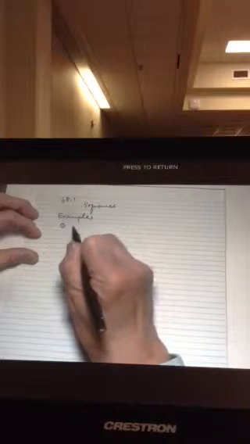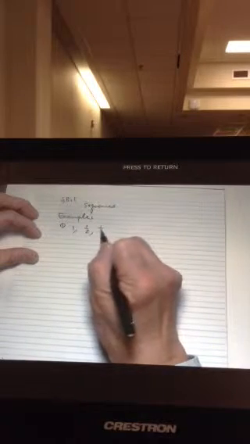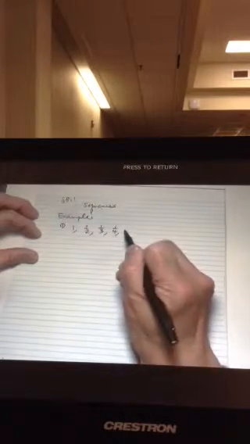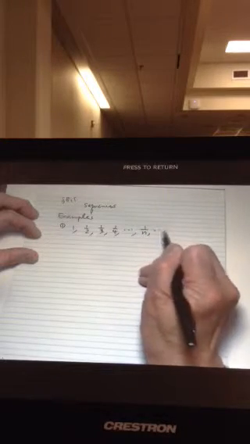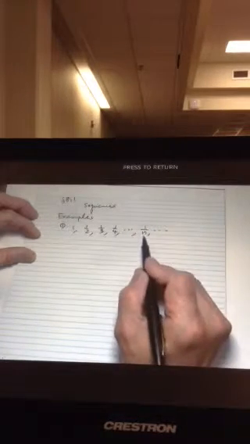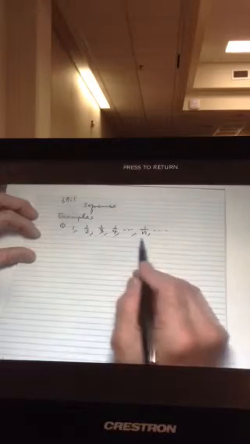Okay, so a sequence is just a list of numbers. For example, we have 1, 1/2, 1/3, 1/4, 1/n, and so on. n can be any number: 1, 2, 3, 4, and so on.